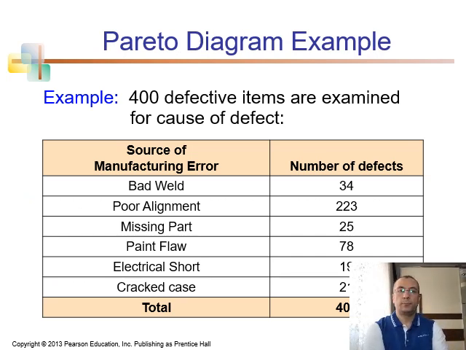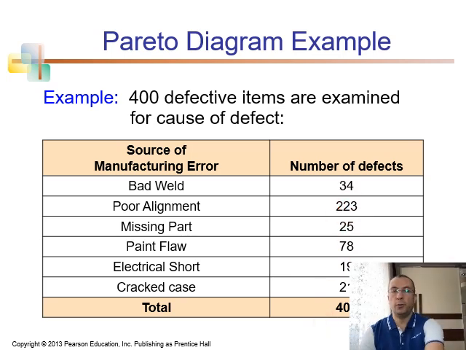In a factory, you look at the defective items and you want to figure out why they are defective. For example, for this factory, the biggest factor is poor alignment. That's 233 defects out of 400. After poor alignment, we had paint flow and others coming.